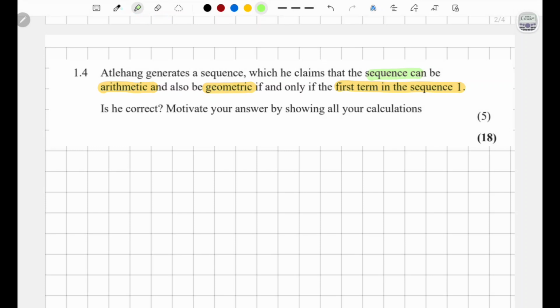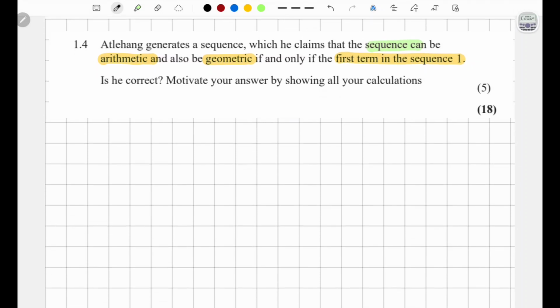Okay, so we need to show them that this is actually true. So in other words, we're trying to find a sequence or trying to prove to them that there is a sequence that exists that is both arithmetic and geometric, but the first term has to be 1 for this to happen. Okay, so since we have two sides, let's try to think about this. First of all, the sequence that we're speaking about must be the same thing, right?